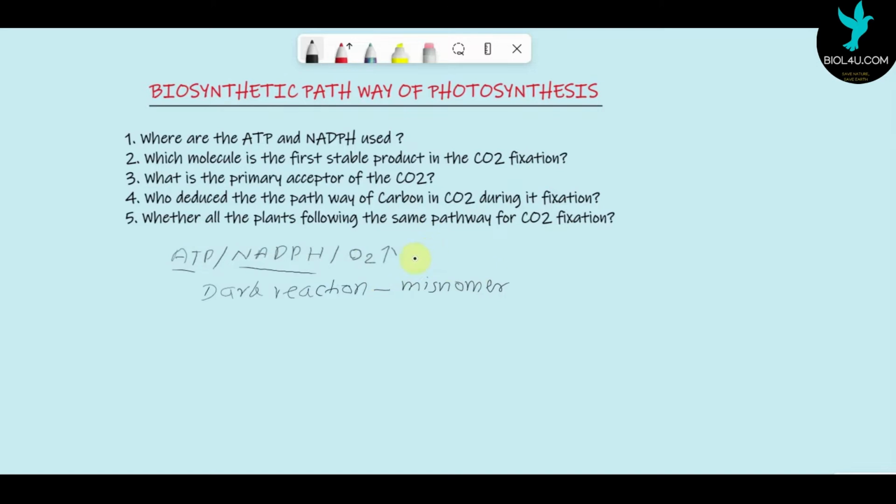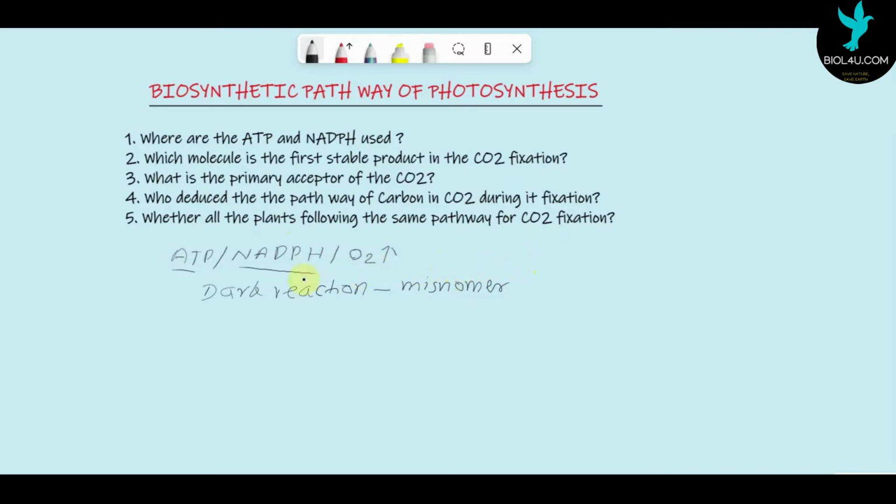When the carbohydrate is completely utilized by the plant, the process of photosynthesis will stop. Then if you apply the light on the plant again, the light reaction will start, it again produces ATP and NADPH, and the dark reaction or the biosynthetic pathway will operate.